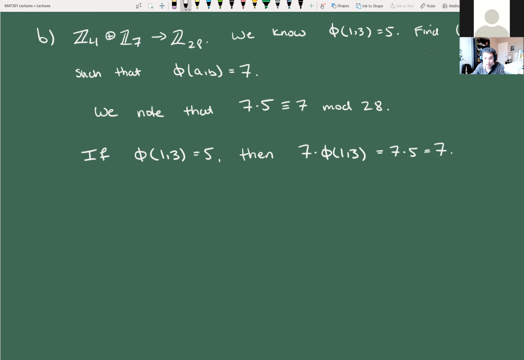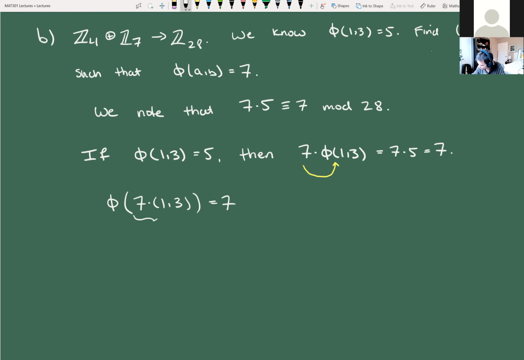Now, as I said about integer scalars, I'm going to be able to take that 7 inside, right? So I'm going to get phi of 7 times 13. And again, this means 13 added to itself 7 times. But in fact, everything is integers on the left-hand side, so you can really just multiply it in.